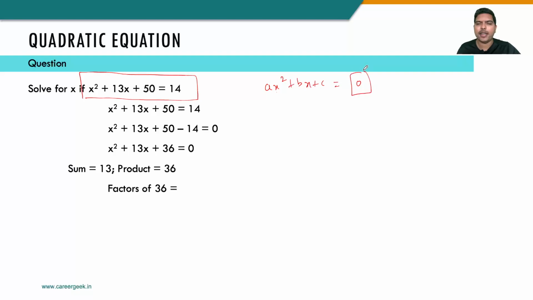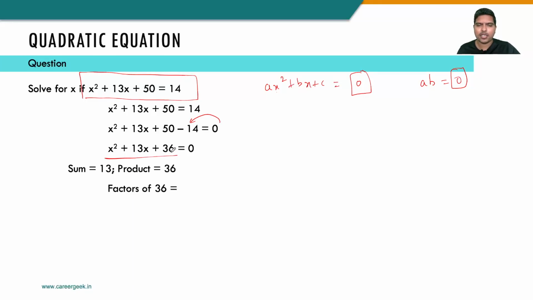The right side has to be 0, because to apply the zero product rule, there has to be 0 only on the right side, right? So here it's not in that format. So what we do, we bring 14 to the left hand side. It becomes -14. So x square plus 13x plus 36 equal to 0.